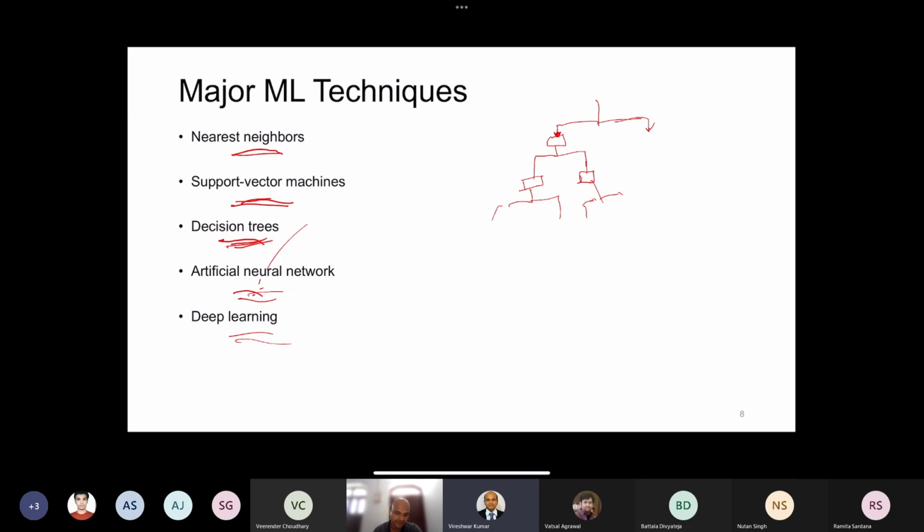So artificial neural networks and deep learning are some of those algorithms which take inputs without too much understanding about what the features could be which could be helpful in correctly identifying. For instance, in a decision tree you have to figure out the thresholds at which you go to the left leaf or the right leaf. But in deep learning you don't worry too much about those thresholds. You allow the machine learning model to learn those thresholds on its own.